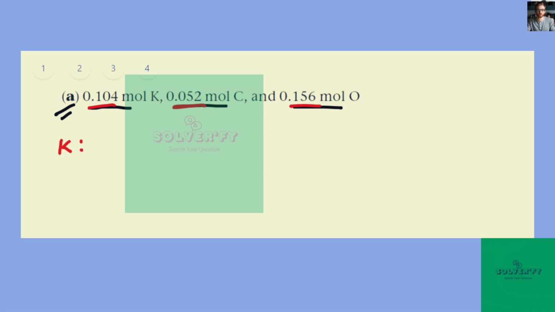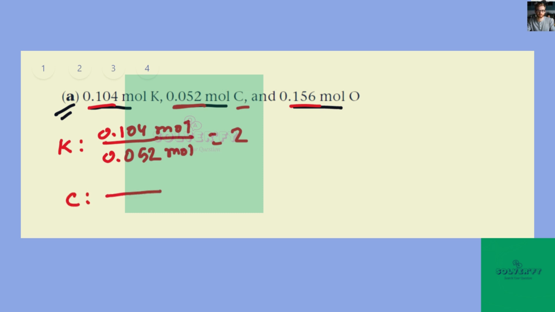So the ratio of K, or the potassium here, will be 0.104 mole over this 0.052 mole, and this will give us a value of 2. And then the ratio of carbon will be 0.052 over 0.052, which will eventually be 1.